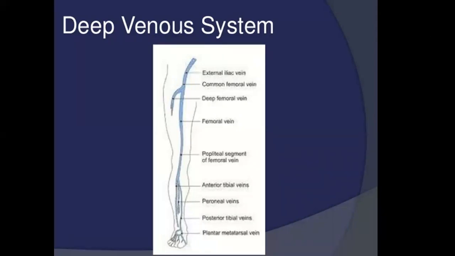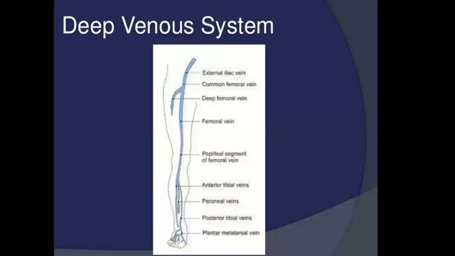So the popliteal vein starts by the joining of the venae comitantes of the anterior and posterior tibial arteries, and it ends by passing through an opening in the adductor magnus muscle, where it becomes the femoral vein. As I told you earlier, the popliteal vein drains the small saphenous vein directly, and it has numerous other tributaries.